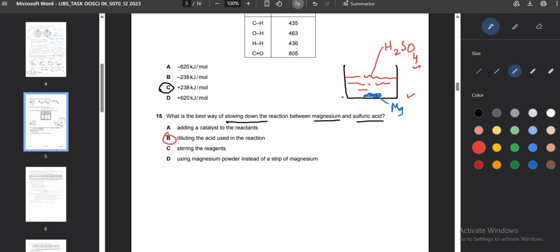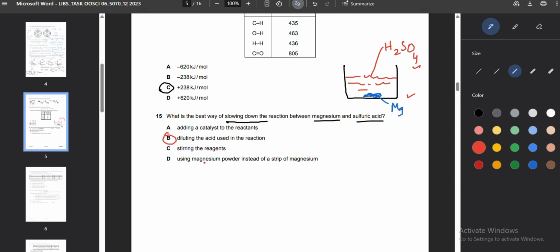That results in more frequent successful collisions, and the rate of reaction would be faster. A dilute acid, on the other hand, means fewer acid particles per unit volume. That will result in fewer successful collisions per second, and as a result the rate of reaction will slow down.